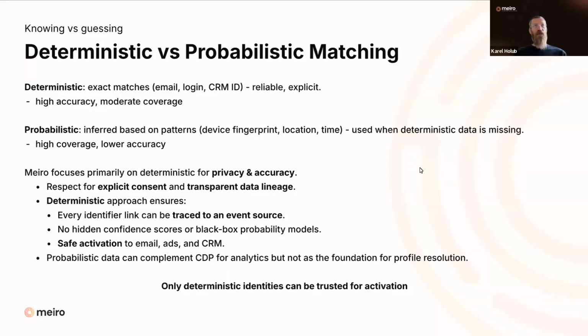Now, probabilistic matching is not as exact as deterministic matching, but it can be used in cases where the deterministic data is missing. It depends more on patterns, either timestamps or device fingerprinting, session IDs, and so on. And it's a lot more about guessing.